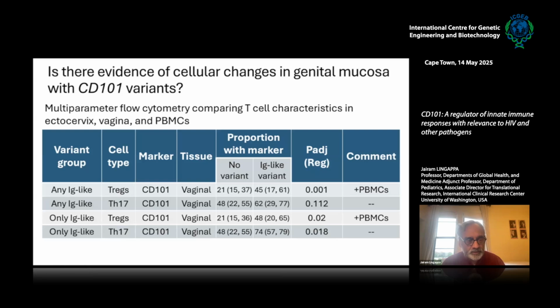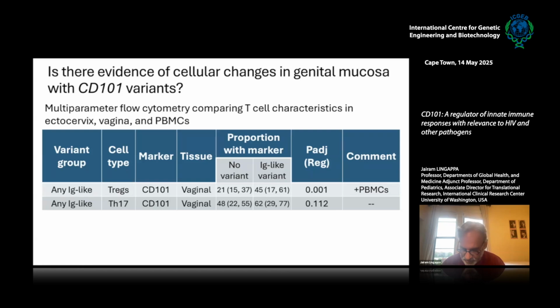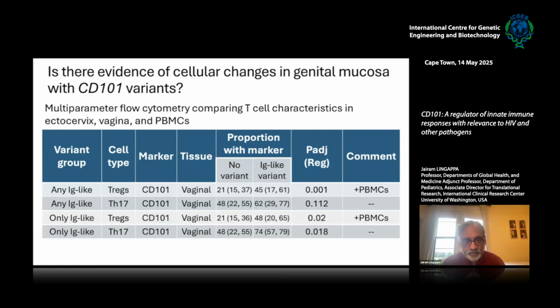Only Ig-like variants is a more specific category where they only had Ig-like variants without any other variants in CD101. And what we found was we replicated the CD101 positive Tregs association again, but we also found that the CD101 positive Th17 cells were now statistically significant with a stronger association in Ig-like variants.